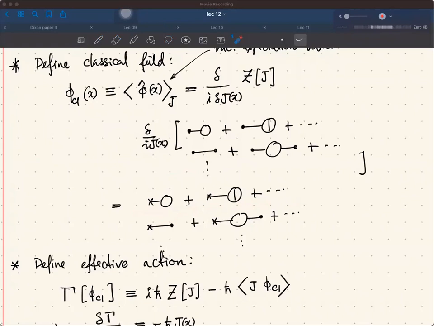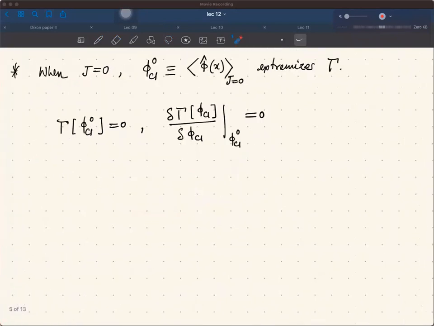So that will be the quantum modified solution. And then in that case, phi classical x will have a non-trivial profile, will not be a constant, and that will involve the quantum corrected solution for the effective action. Okay.